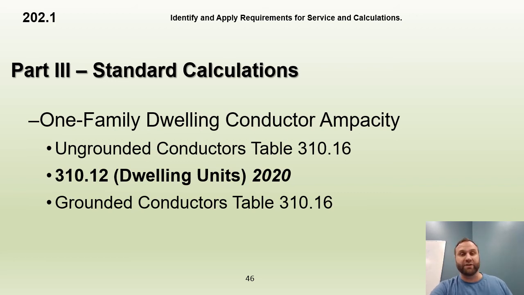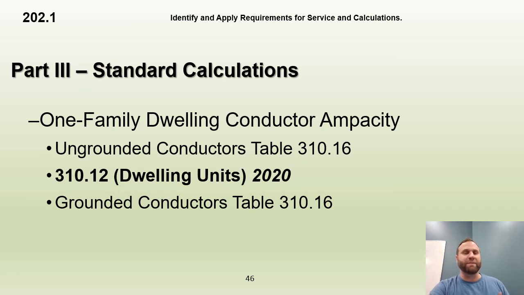So 75-degree column, 165 amp wire or 175 amp wire. I looked that up, and that comes to, I believe, 2-aught. 2-aught is good up to 175 amps. Now, I have to compare table 310.16 with table 310.12.